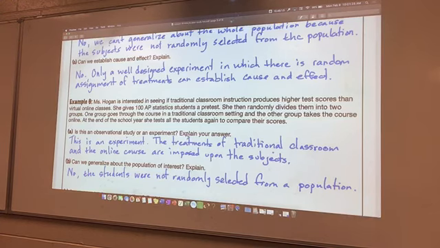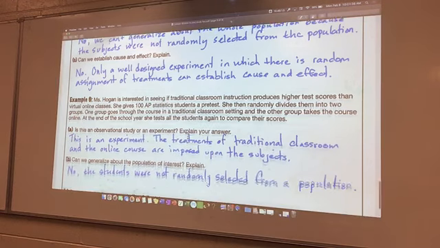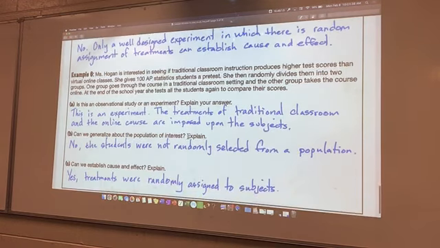All right, so then for the cause and effect, did the teacher give the student something to do and then record a response? Yes. So the treatments were randomly assigned to the subjects.